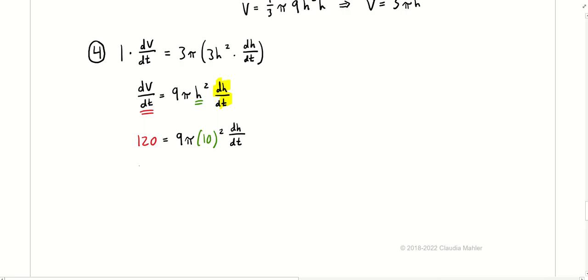So I have 120 equals 10 squared is 100 times 9 is going to give me 900 pi dh dt, which means I get dh dt, dividing both sides by 900 pi, as 120 divided by 900 pi.